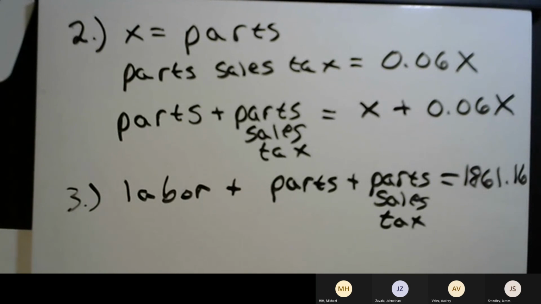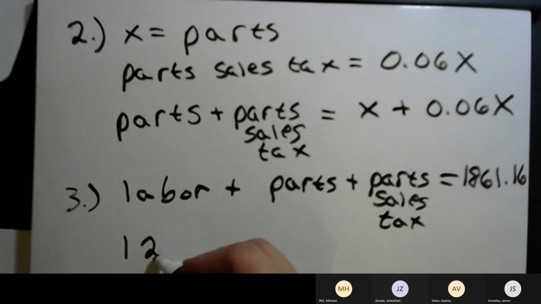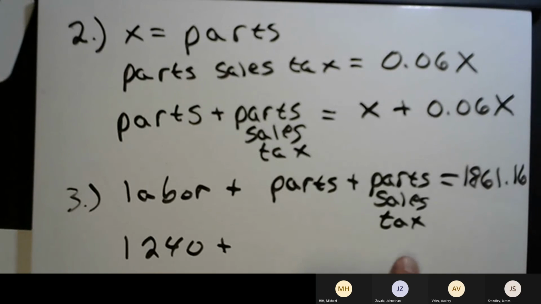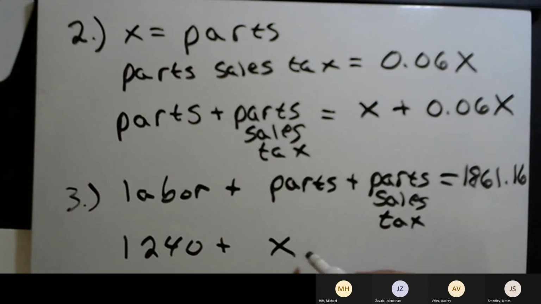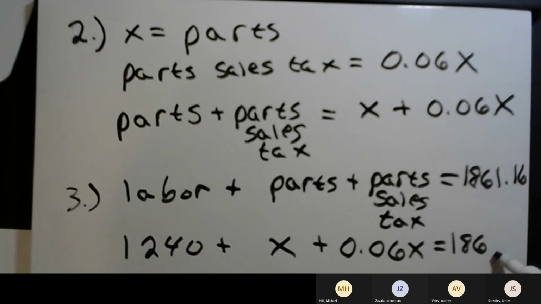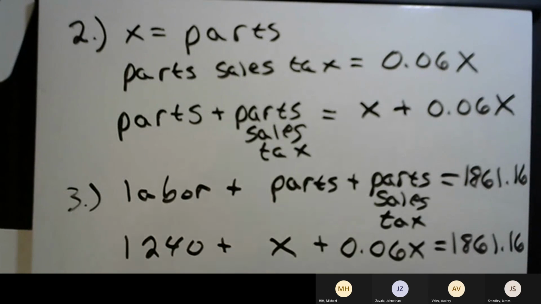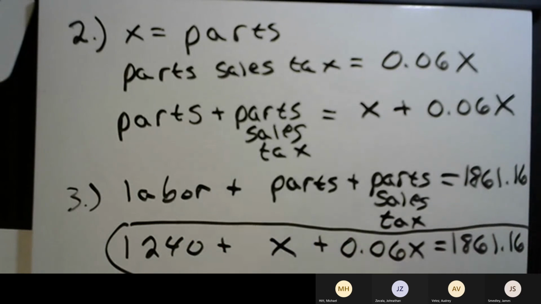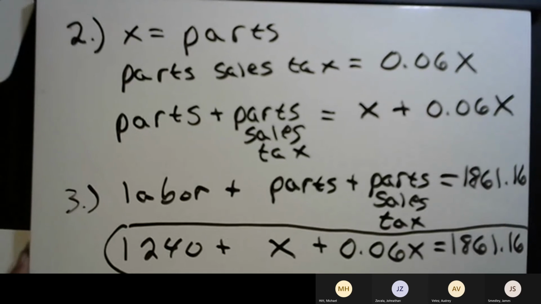Everything in that drawer, that's what it is. Now the labor, they told us that that's 1240. Then parts plus parts sales tax, that's X plus 0.06X. And that's equal to 1861.16. And this here is our equation.